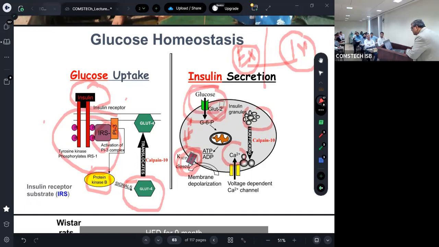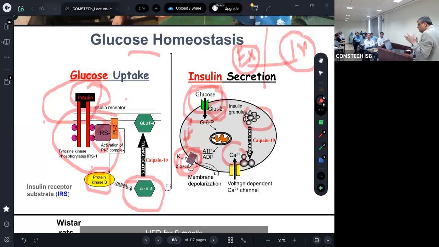Here we call it glucose-induced insulin secretion. Once glucose acts here, insulin is secreted. Here we call it insulin-induced glucose uptake.